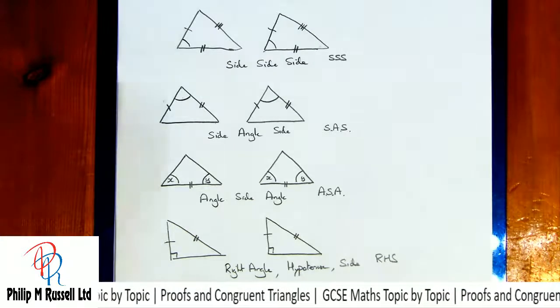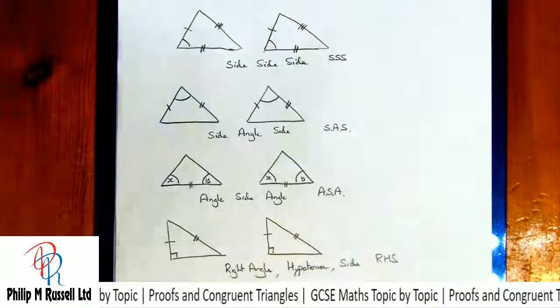Let's see if we can do some of these, and what we'll do is we'll have a look at a few examples of congruent triangles and see what we can do with them.